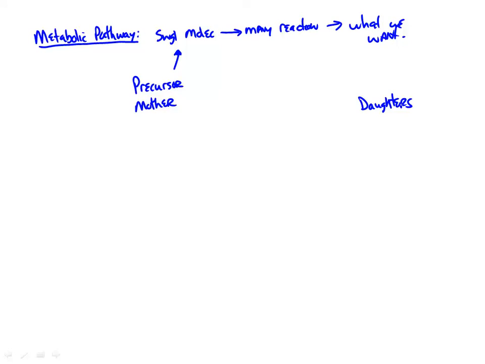I've seen it referred to in all different ways. I think biologists tend to use mother-daughter. Chemists tend to use precursor. Some people will use parent. And the enzyme would be the many reactions?